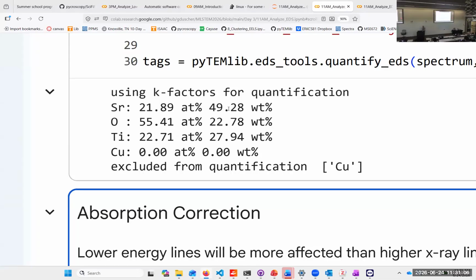Now, if you have a quantification like that, the experienced EDS person says one thing immediately. It's not real. That's the point, right? It's absorption. There are many different reasons why it could be, but if we know, of course, that we didn't destroy the system, the crystal here, because we distributed the dose.